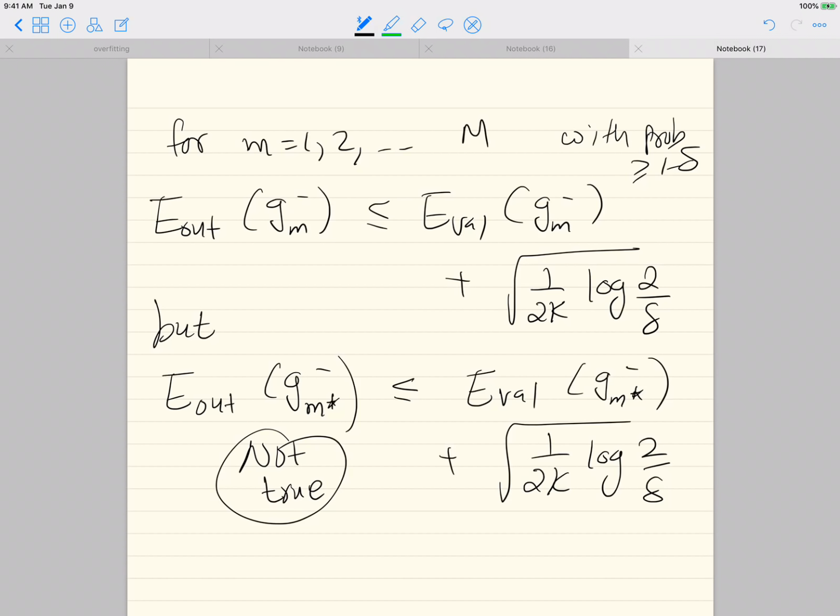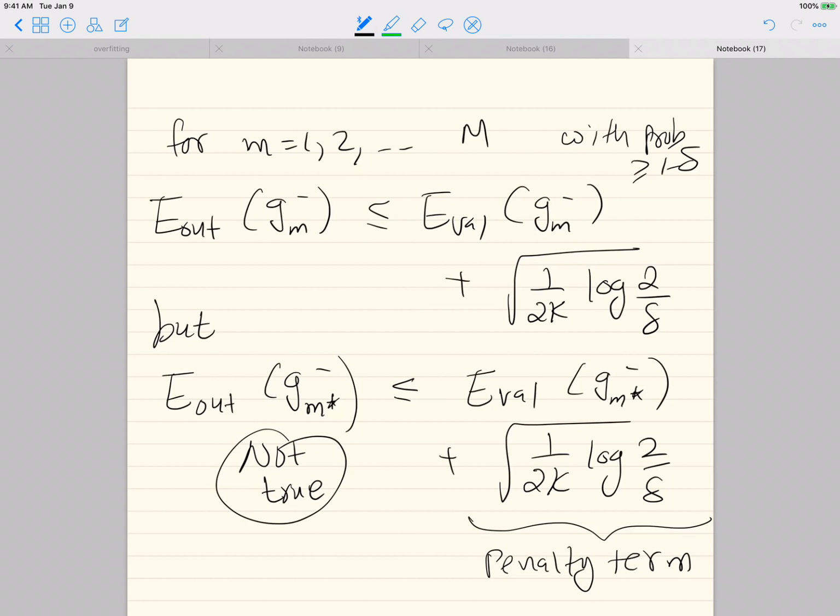So then, if you understand this, if there are no questions, how will you fix this? How will you get a bound on E_out of gm star minus that holds with probability 1 minus delta? This is too optimistic a penalty term. So how can you fix this penalty term so that this bound will hold with probability greater than 1 minus delta?